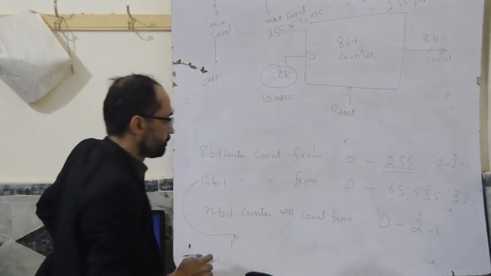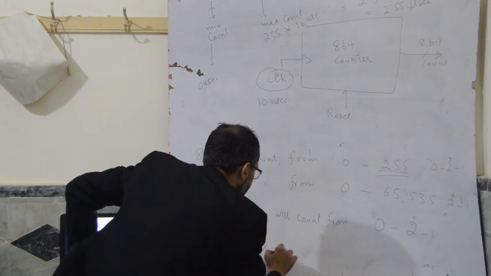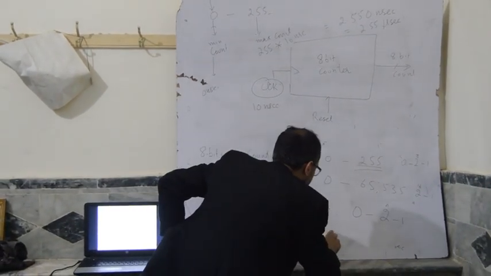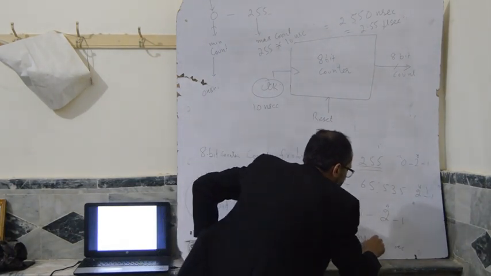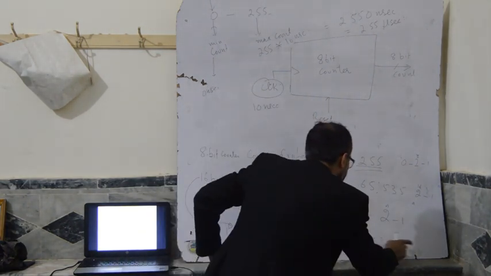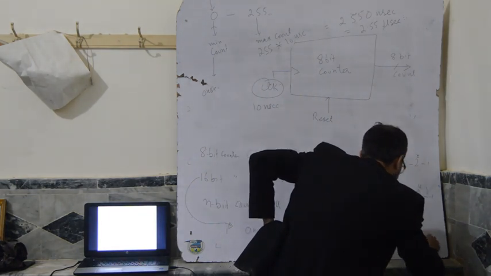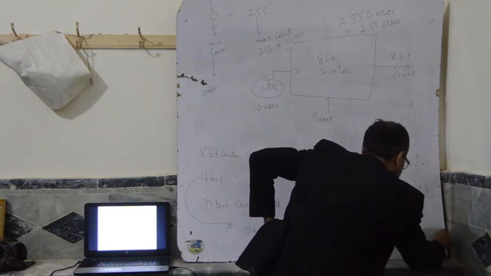So if you are using a 16-bit counter, the minimum count is 0, that is 0 nanosecond, and the maximum count is 65,535 multiplied by 10 nanosecond, assuming that the clock period is 10 nanosecond. So now this is equivalent to 655,350 nanosecond.